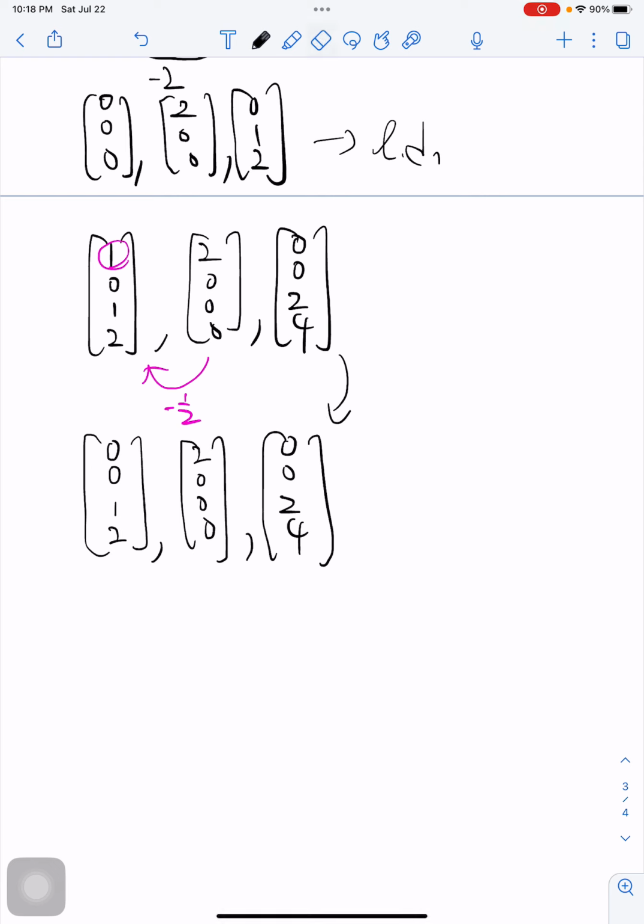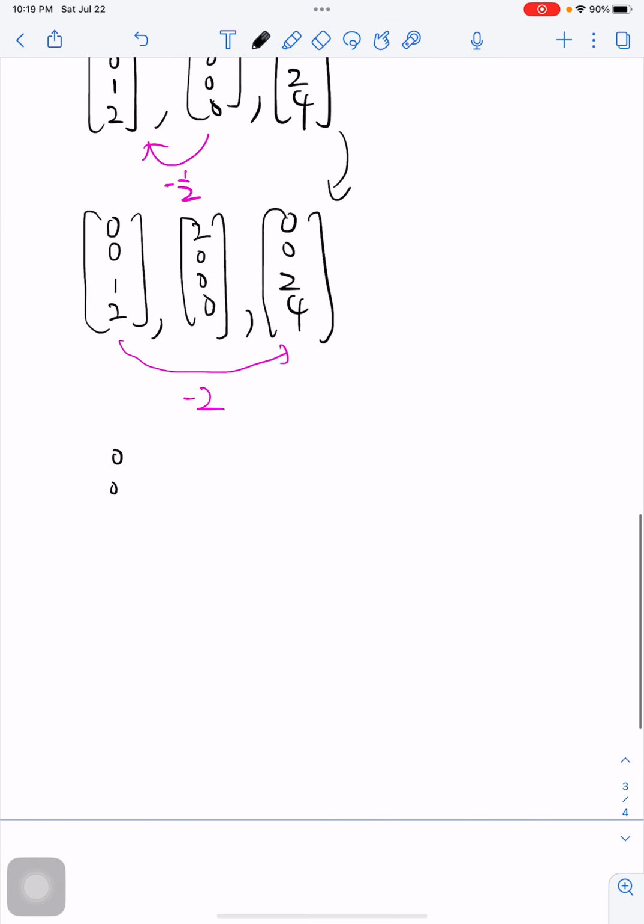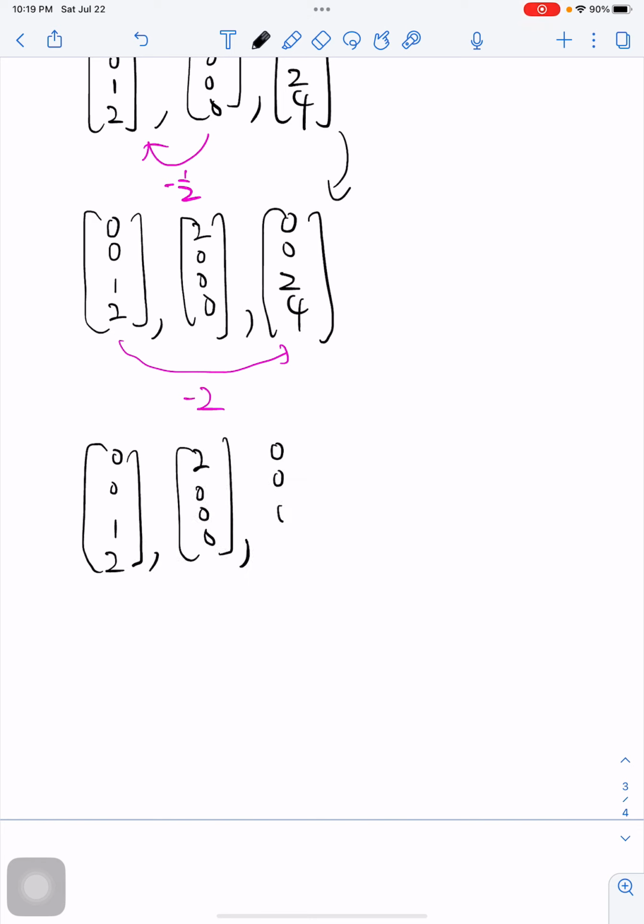And then I can do a similar procedure by multiplying the first vector by -2. So I end up with (0, 0, 1, 2), (2, 0, 0, 0), and (0, 0, 0, 0). Okay?